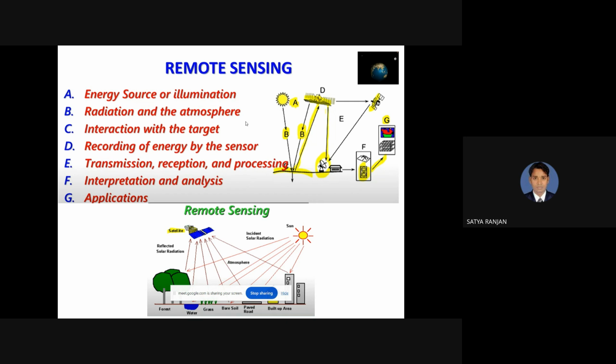Then interaction with the target and recording of energy by the sensor, transmission, reception, and processing. All these processes go through different satellite sensors, and after that we get the output in satellite images.